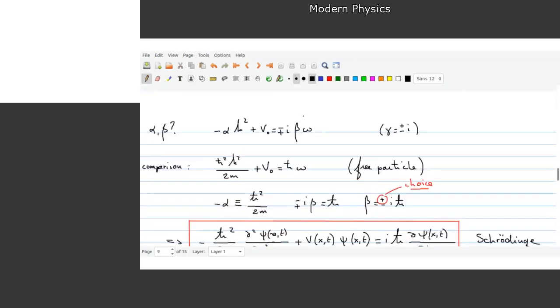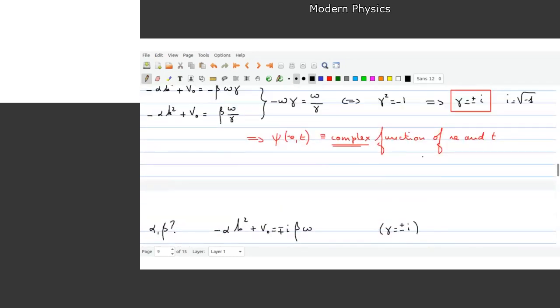But before going on, I want to say something. You remember last lecture when we said that what was waving in this wave associated with a material particle was some wave function psi, and we gave it some physical signification through its modulus square.